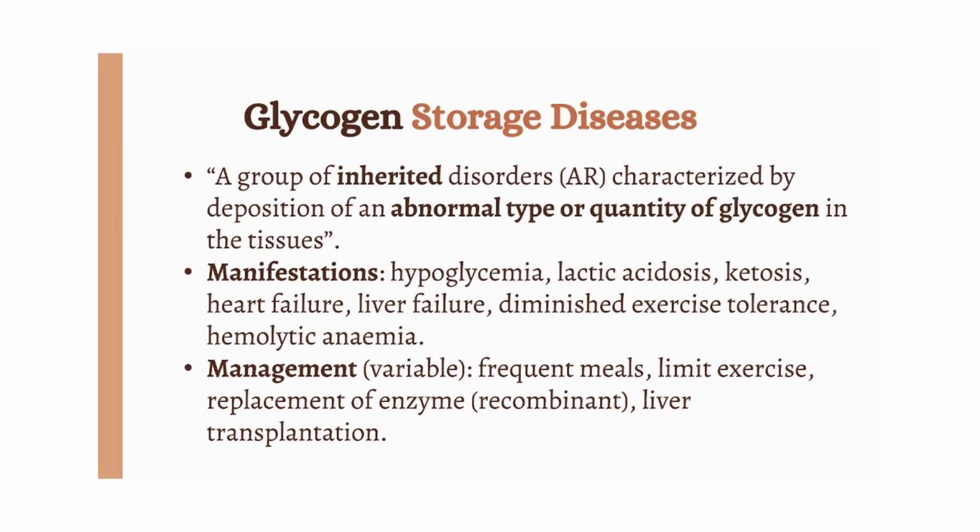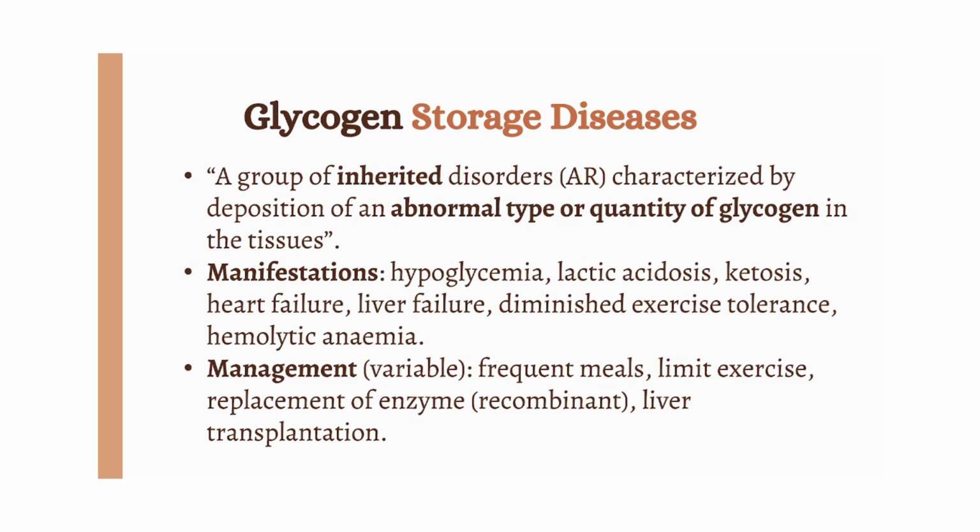Now we come to the disorders of glycogen metabolism, mainly a group of disorders called glycogen storage diseases. They are genetic disorders, inherited in an autosomal recessive pattern. They are characterized by deposition of abnormal type or quantity of glycogen in the tissue.